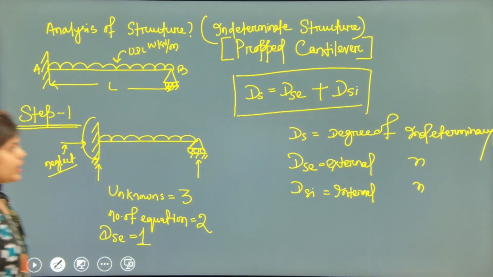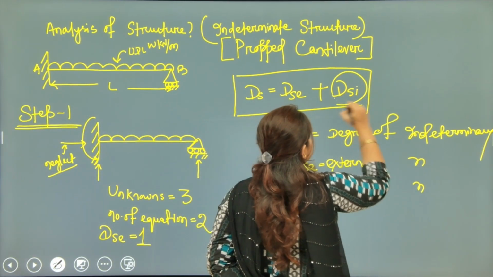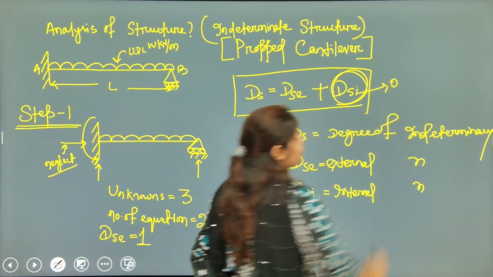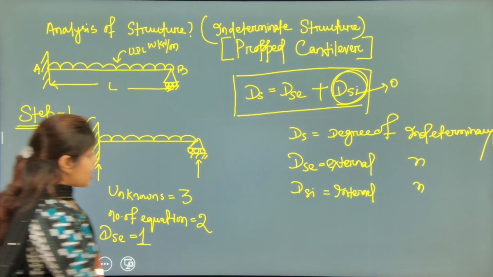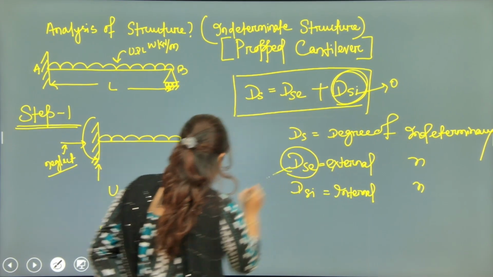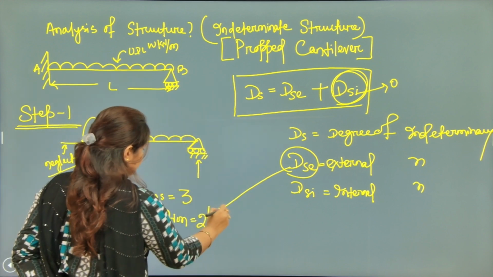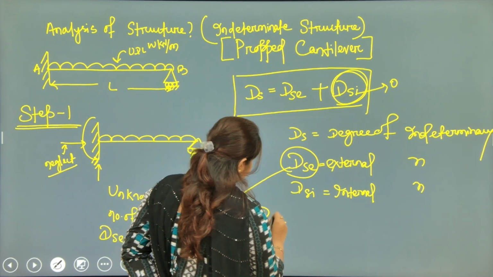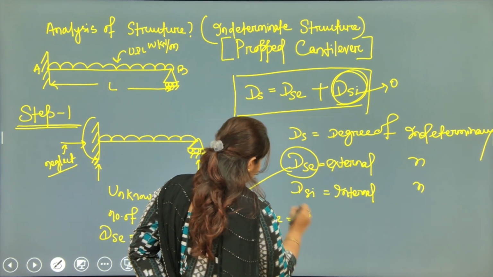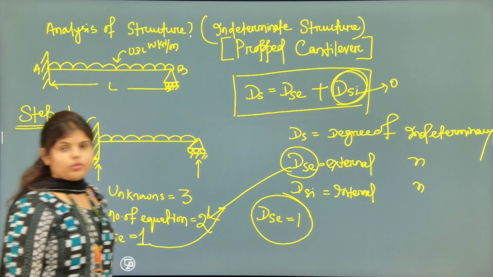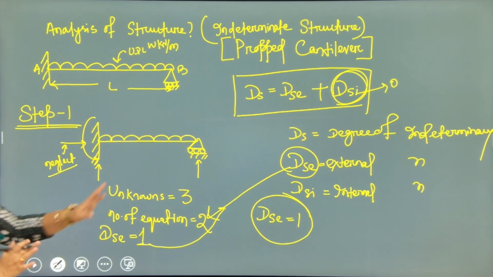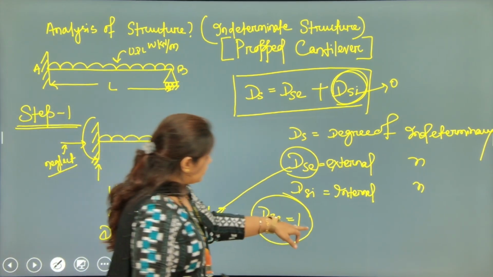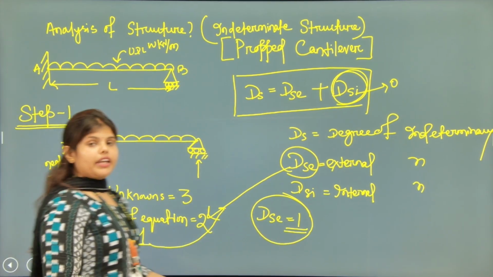In general, we consider this as 0. So now your DSE is 1. This 1 is what is making all the problem.